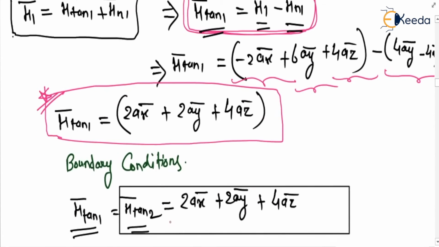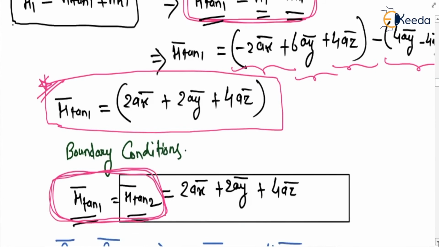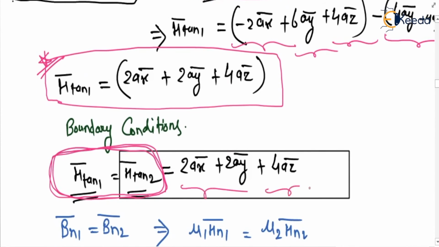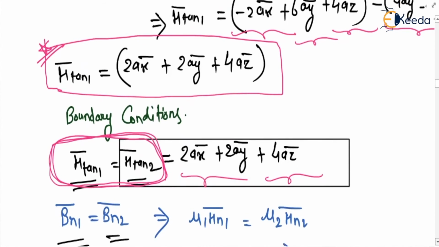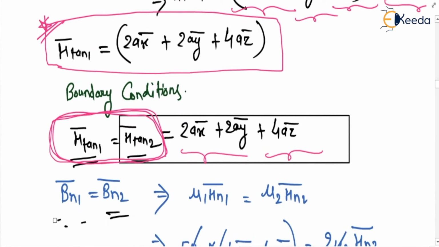Now, according to the boundary condition, Ht1 is equal to Ht2 because there is no surface current given. So these two components will directly be equated, and this is equal to 2ax plus 2ay plus 4az. Another boundary condition is Bn1 is equal to Bn2. So Bn1 is mu1 Hn1 and Bn2 is mu2 Hn2.